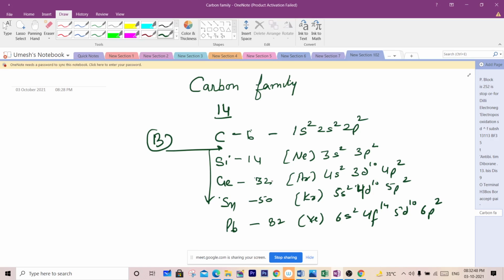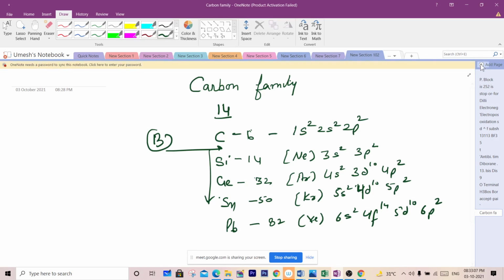It will decrease. Yes, electronegativity decreases. Perfect.